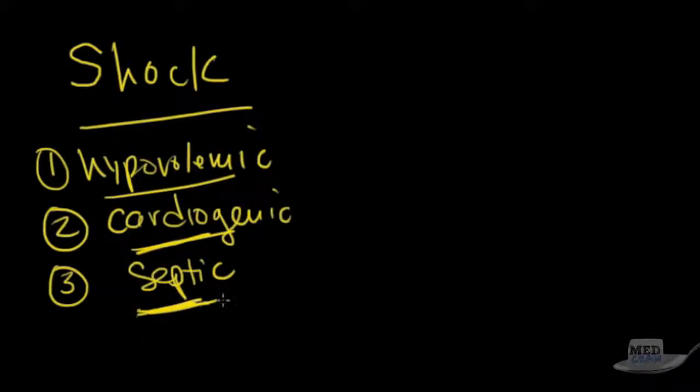Septic shock, on the other hand, is where there is increased flow from the heart, increased cardiac output. However, there is a drop in the systemic vascular resistance. There is deregulation of the blood going between vital and non-vital organs, and because of that, the vital organs lose out, and they start to go into septic shock.